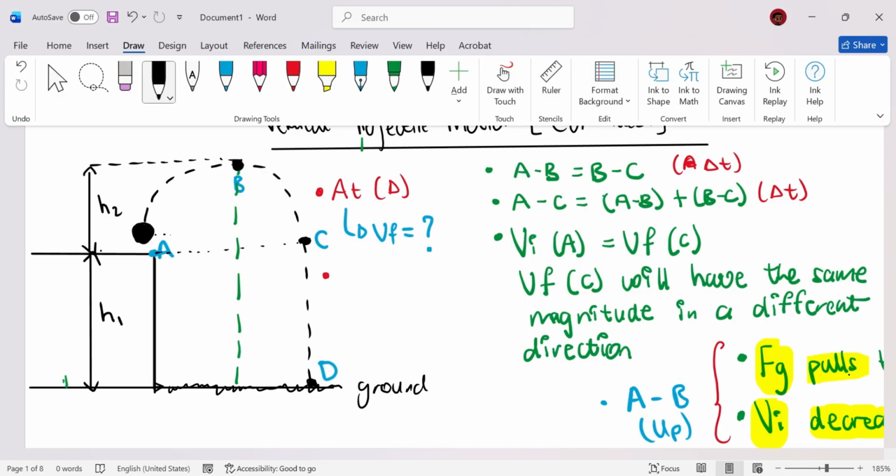Height 1 is the height from the ground to the roof of the building. Height 2 is from the roof of the building to the maximum height, that being point B. That's a very important thing to remember.